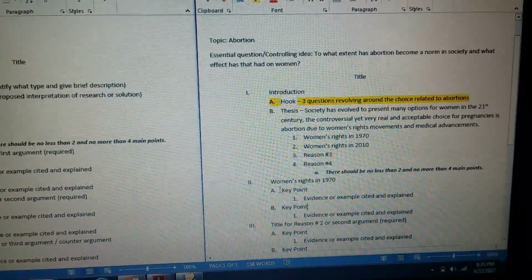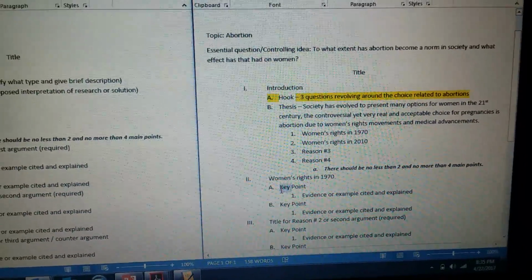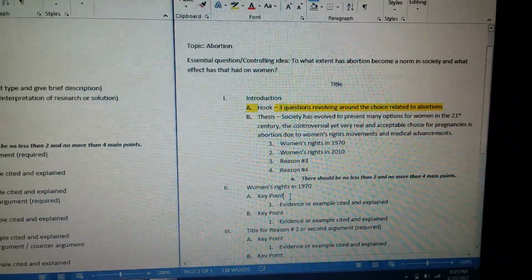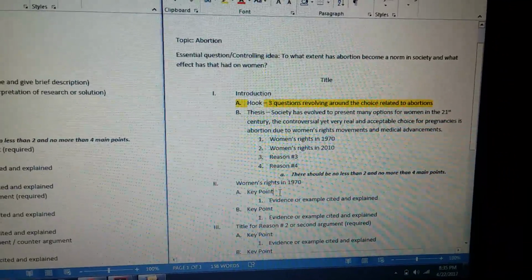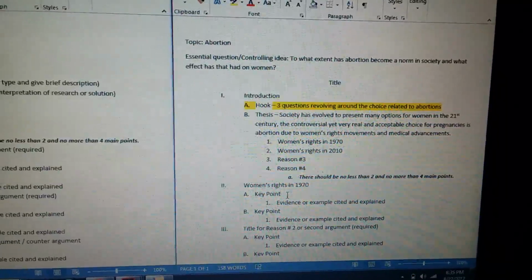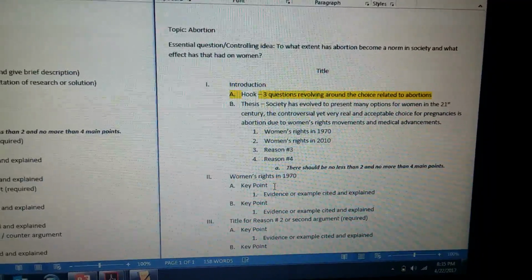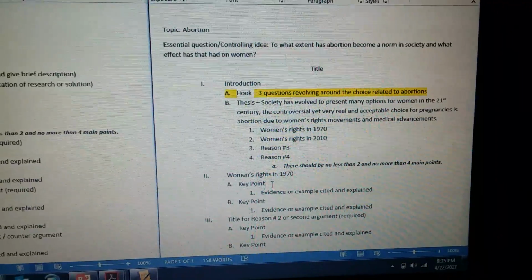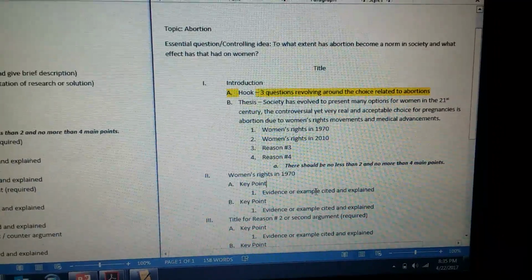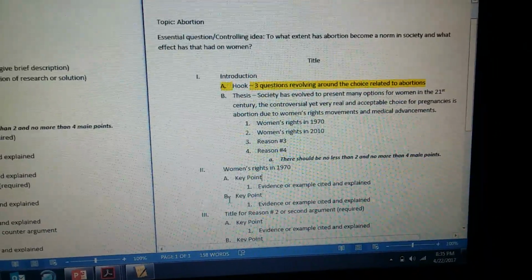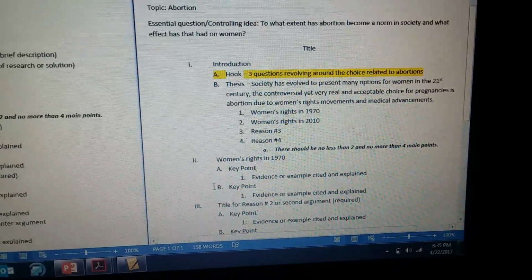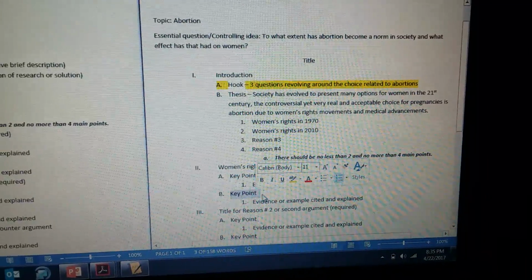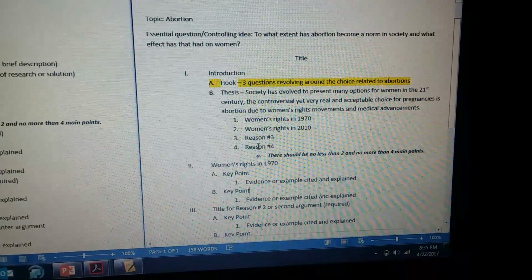So I'm going to talk about how women's rights started off, and in the 1970s, it was not something that was common for women to have abortions. It was frowned upon. Families hid it if it did happen. It was a very expensive procedure, etc. Right? I could talk about one of those points, and then I can give like evidence about it. And if that's all I have, then that's all I have. But if I have more, then I write another paragraph, which is another key point. Okay? So keep that in mind.